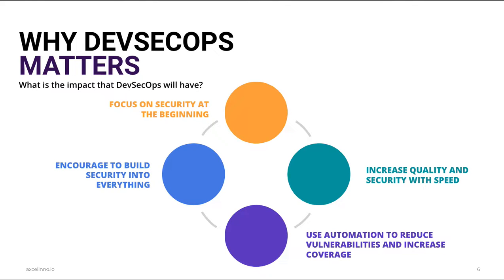And then we want to encourage to build security into everything. Again, we don't want to look at it as, okay, let's hash the passwords and let's make sure we have a username and these sorts of things. We want to look at it as, are we scanning to make sure software composition analysis?